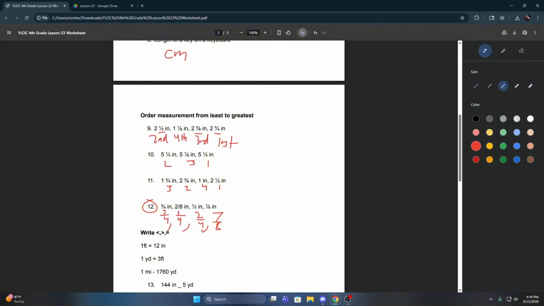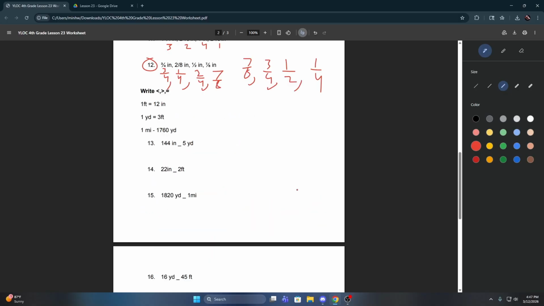However, we know these are definitely not even close to the top, but 3/4 versus 7/8, which is bigger? 7/8 will be bigger because it's broken up into smaller pieces, but they fill up more, so you have less space to work with in that fraction. That's a good way to think about it. So in this case, 7/8 is first place, then it's 3/4, then it's 2/4, which is 1/2, and it'll be 1/4 last.